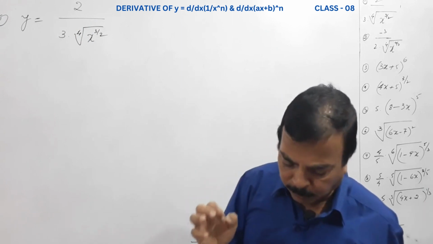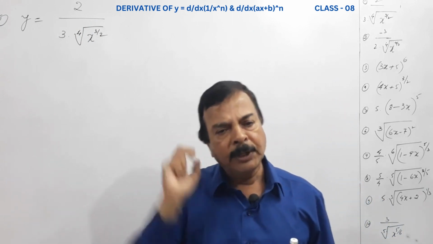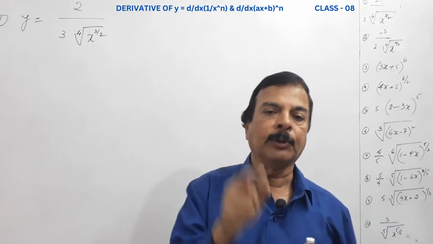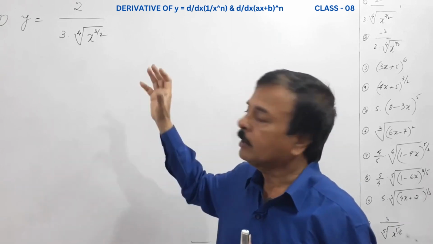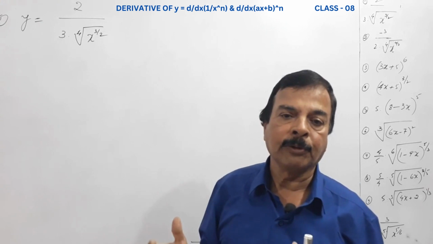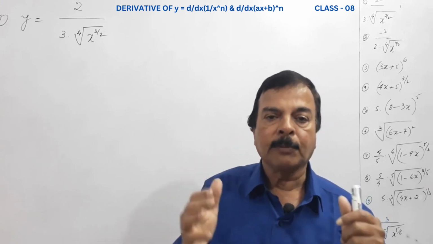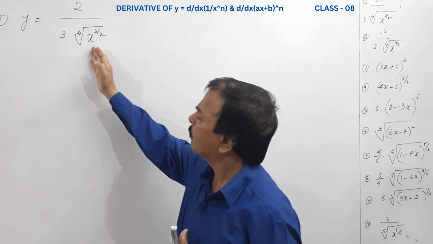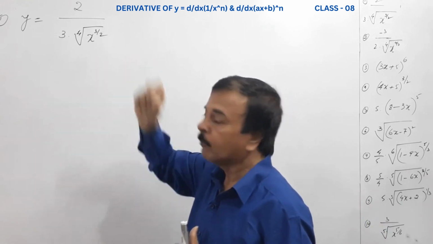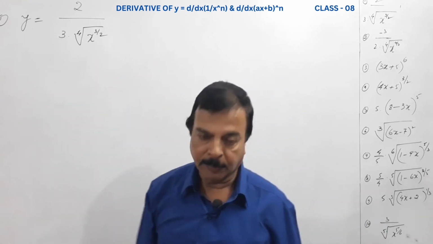So I have told you, remember the funda, that is, bring any problem that's given to you to its standard form. If you bring this to standard form, it will be easy for you to do a problem based upon the standard rule. The purpose is to simplify this and bring it to standard form, which I am going to teach you. Please follow me.